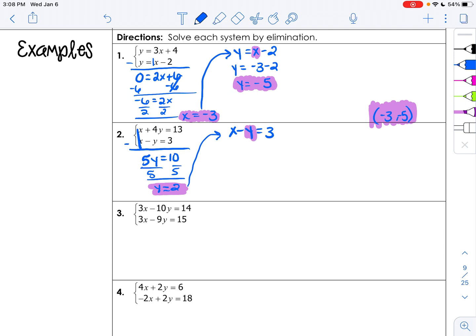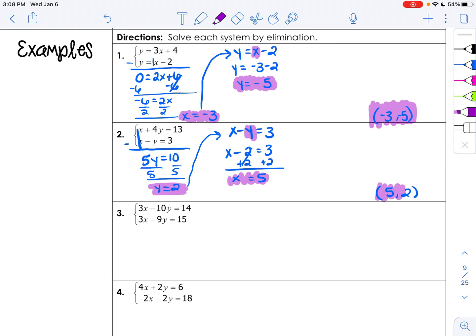So I'm going to rewrite my equation, x minus 2 equals 3. I'm going to add 2 to both sides, and I get that x equals 5, which gives me the other half of my answer. So my final answer is 5, 2.